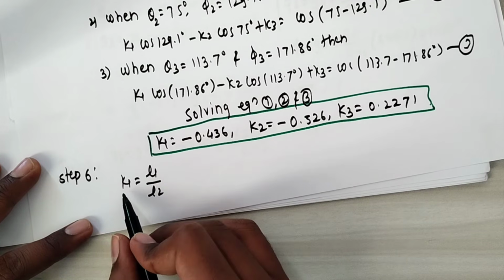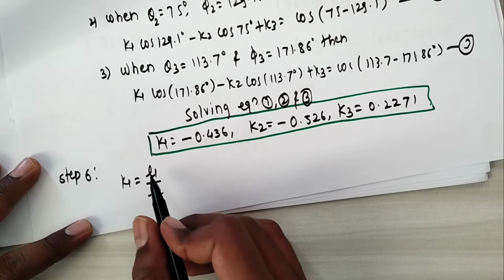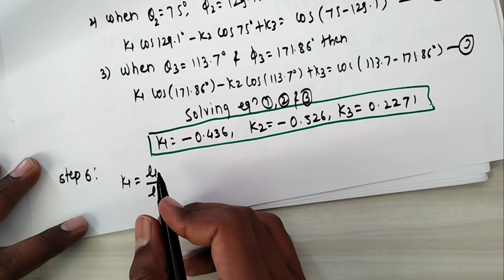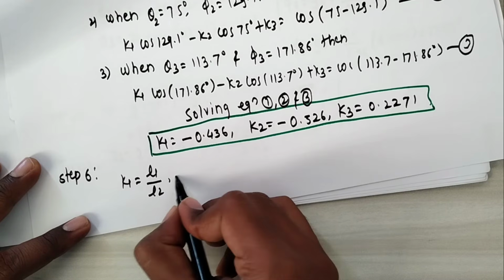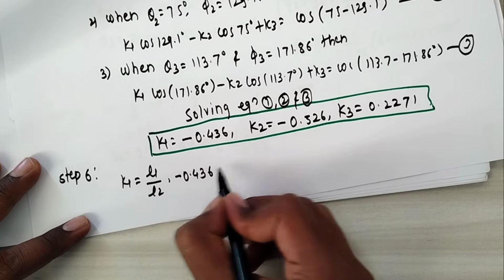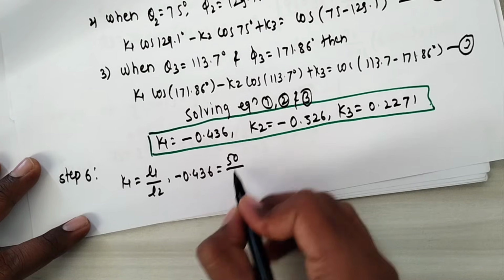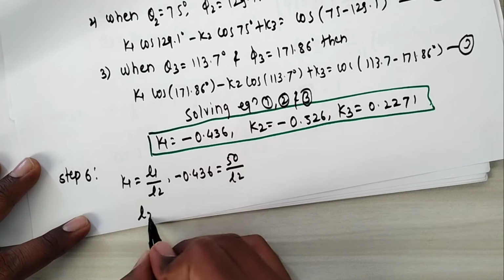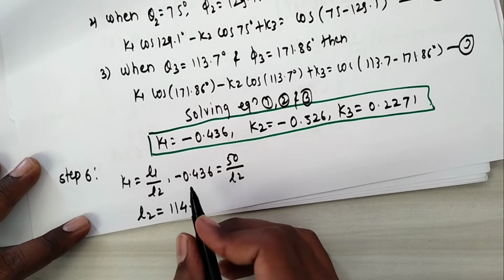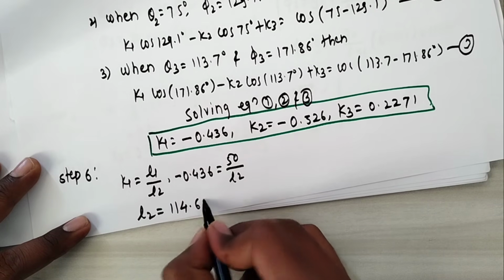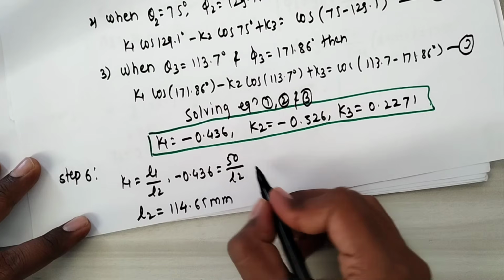So k1 is known to me, L1 is known to me, which is 50, and hence we will get the value of L2. K1 is minus 0.436, which is equal to 50 upon L2, and hence L2 is equal to 114.65 mm. This one is L2.